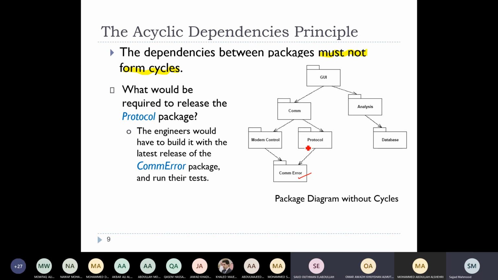So in other words, if I want to release the protocol package, I will also have to release the common error package as well, right? Because it depends on it. Now, everybody's comfortable with this?